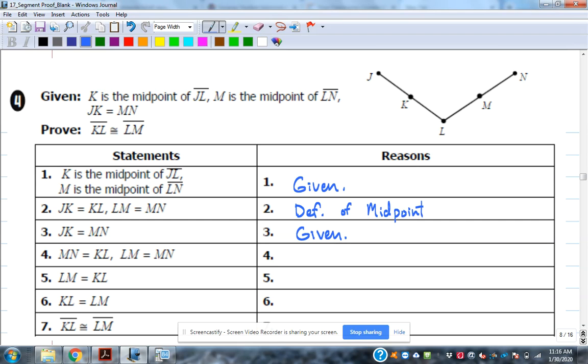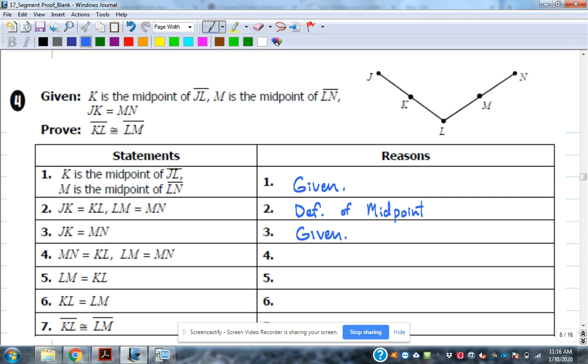It's got A is equal to B, and then we don't have anywhere it says that B is equal to C yet. So MN equal to KL is coming from taking JK and replacing it with MN. And LM is equal to MN, we'll replace that. That's already there from the definition of midpoint. So I think this is more of a substitution in my view.